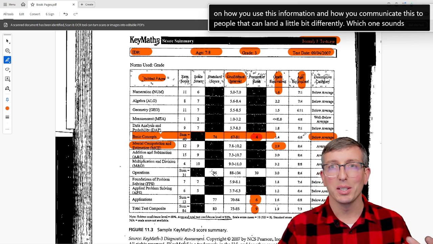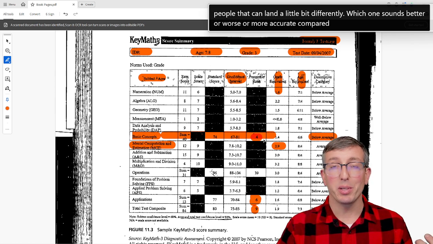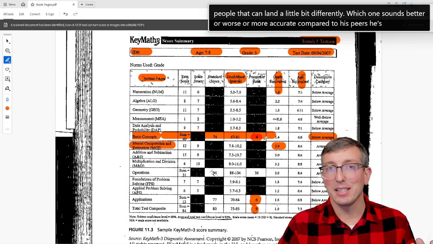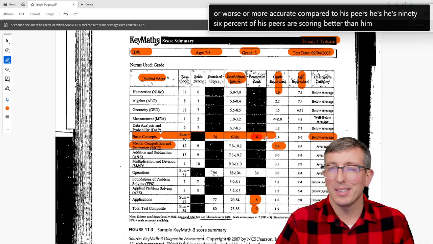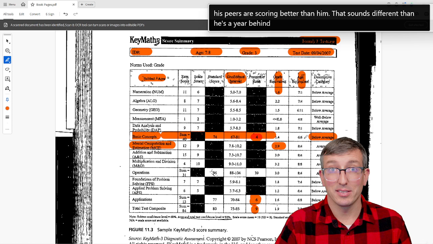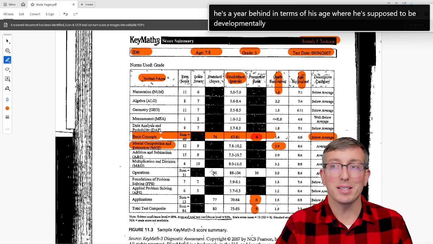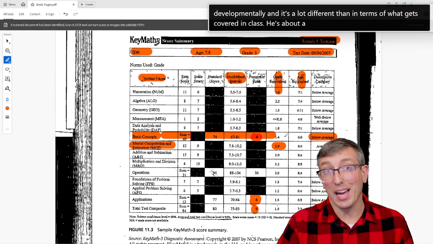Which one sounds better or worse or more accurate? Compared to his peers, 96% of his peers are scoring better than him. It sounds different than he's a year behind in terms of his age, where he's supposed to be developmentally. And that's a lot different than in terms of what gets covered in class, he's about 1.5 years behind.